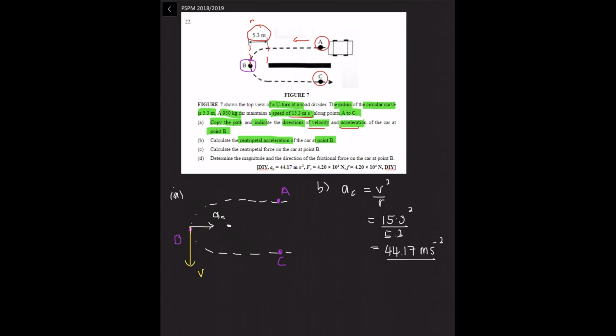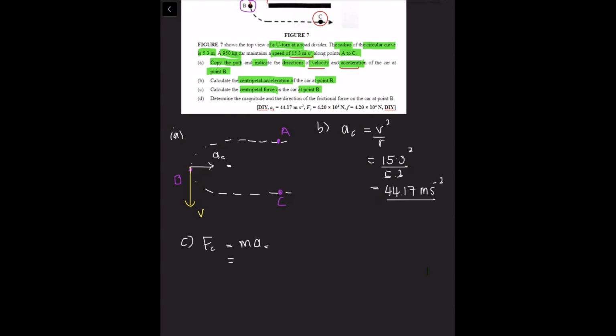For question C, calculate the centripetal force on the car at point B. Centripetal force is Fc, and the equation of Fc is equal to mac, or mv squared over r. Since we already have ac, we'll use Fc equal to mac.